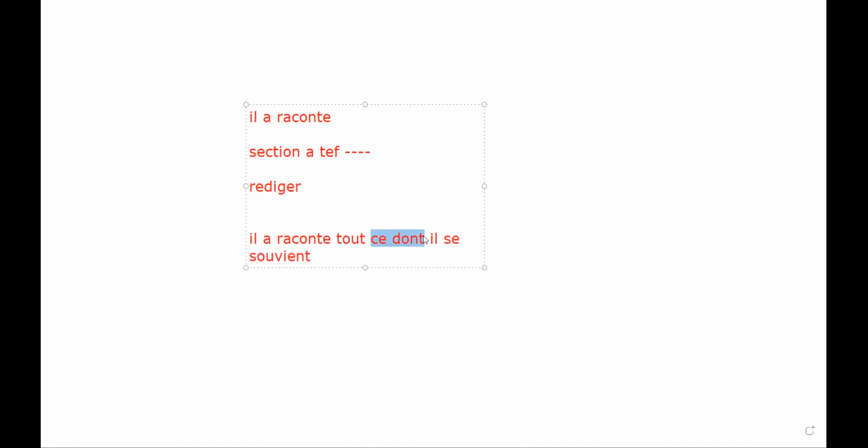Is it clear to you? Vous comprenez toutes les choses, mes amis? Oui, je comprends. Okay. Il a raconté tout. It means he told everything ce dont.